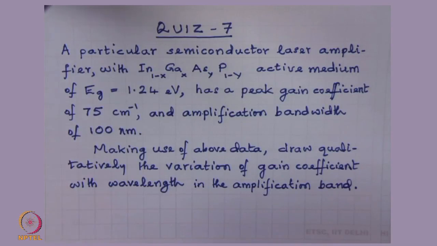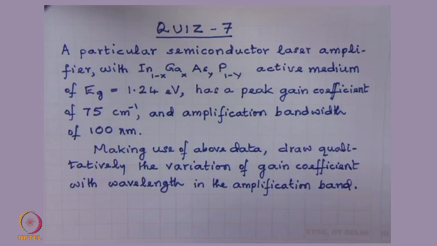A particular semiconductor laser amplifier with indium gallium arsenide phosphide active medium of Eg equal to 1.24 eV has a peak gain coefficient of 75 centimeter inverse, that is the peak of the gain spectrum, and an amplification bandwidth of 100 nanometer.